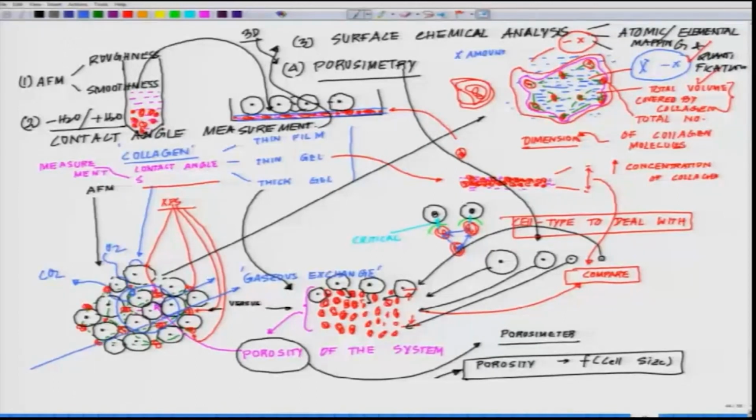So, the gaseous diffusion process happens at an optimal level. Right.